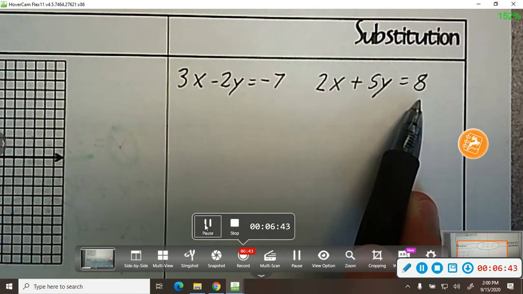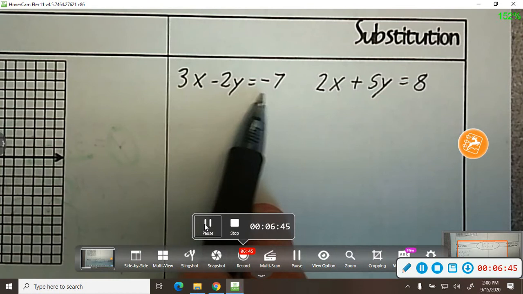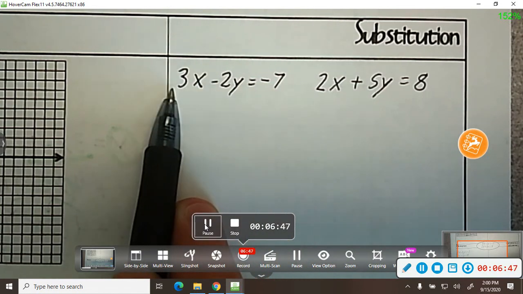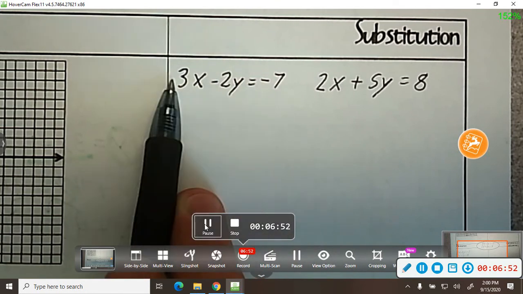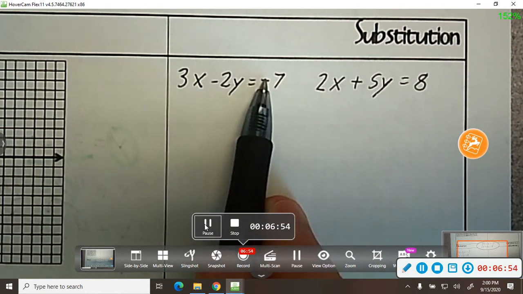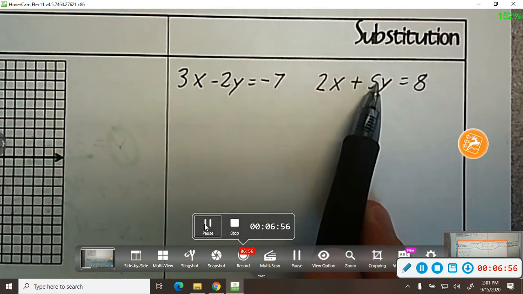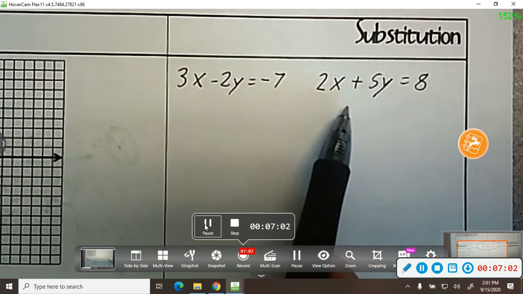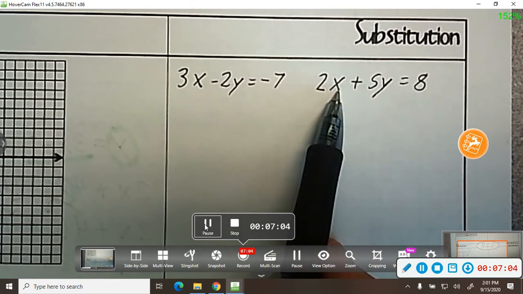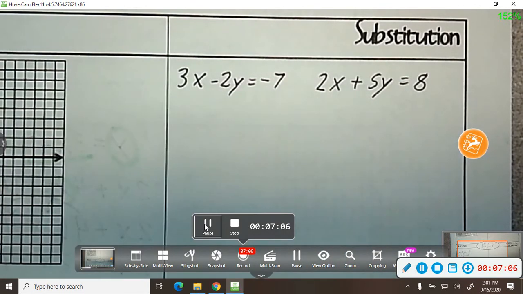Now there's not a real good answer here because all of these are relatively prime. That means that they don't have a common factor, so 2 doesn't go into 7 or 3. 3 does not go into 2 or 7. 2 does not go into 5, but it does go into 8. 5 does not go into 2 or 8. So I guess, based off what I just said, I would probably isolate for the x.